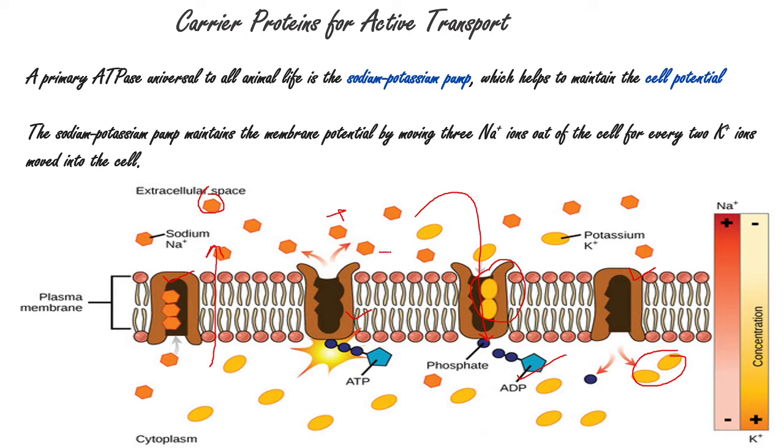So a positive charge develops outside, and the inner side of the cell develops a negative charge. In this way, the cell maintains the potential of the cell membrane.